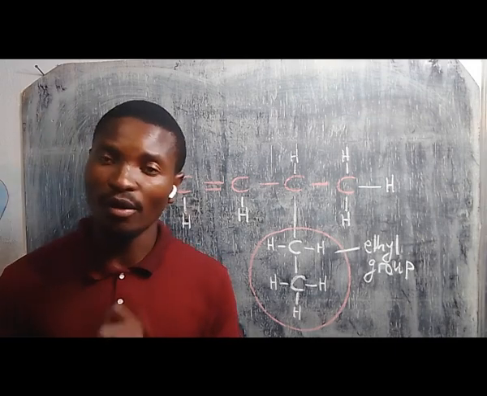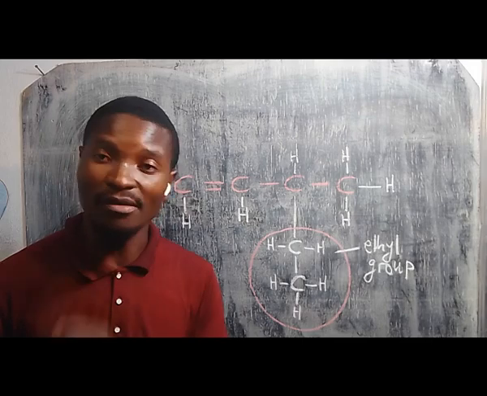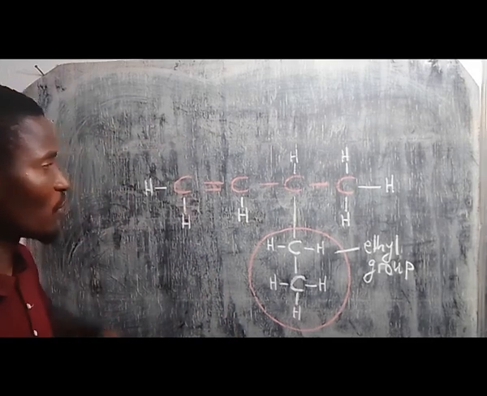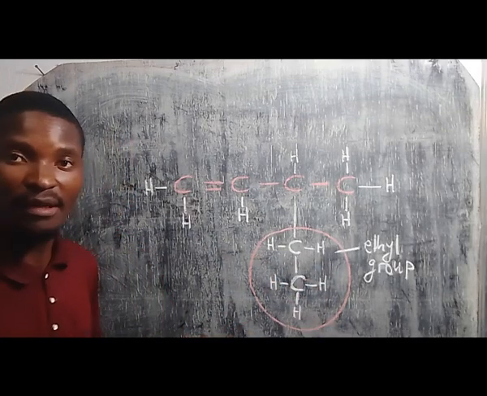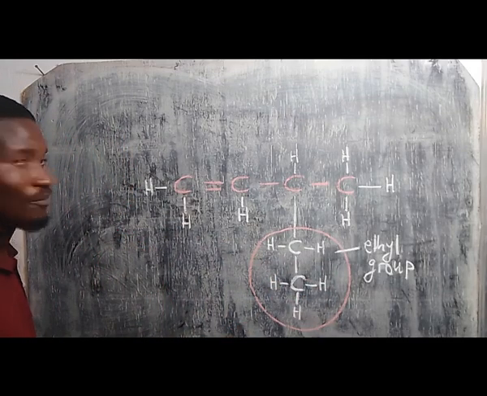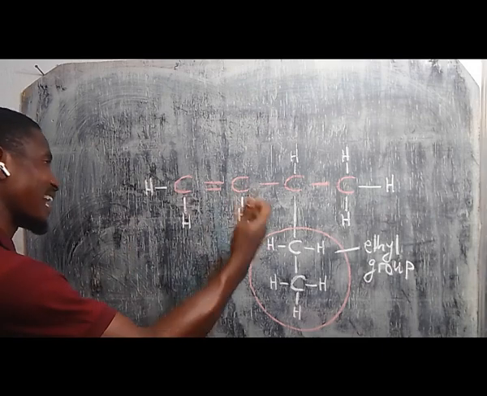Now, how do we go about providing the exact name of this hydrocarbon, which is an alkene? We don't know yet what this is all about, all we know is that we have to provide a name. The thing you're supposed to understand is the numbering.